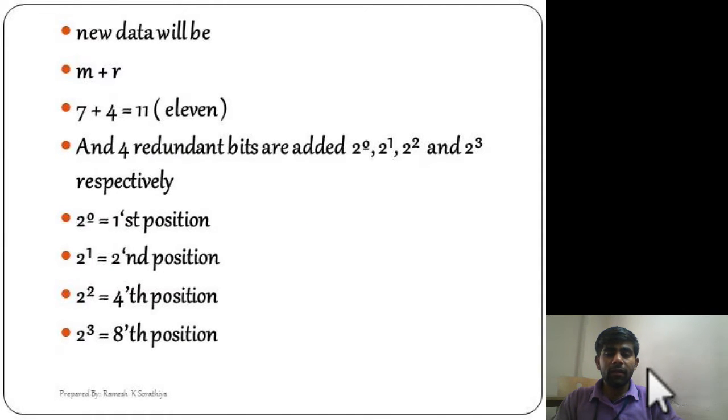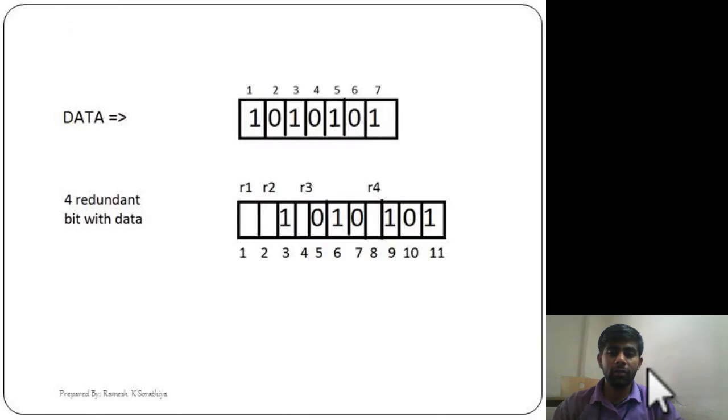Our message was 7 bits, and 4 redundant bits are added to check and correct a single bit error. So 2^0 will be the first position, 2^1 the second position, 2^2 the fourth position, and 2^3 the eighth position.